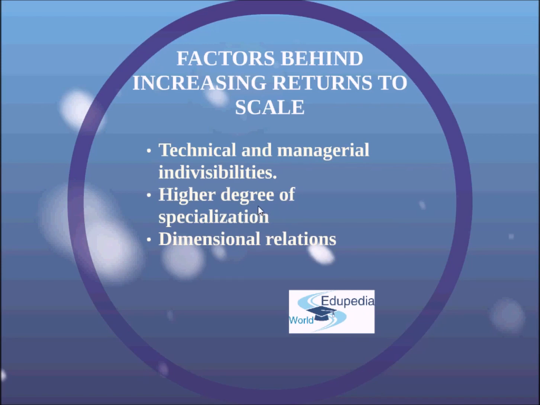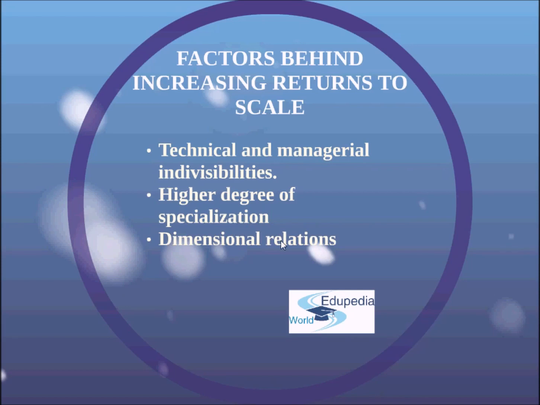So this will increase efficiency in the organization. It will lead to minimum wastage of resources, optimum utilization of resources, and which will increase the quantity produced in the organization.